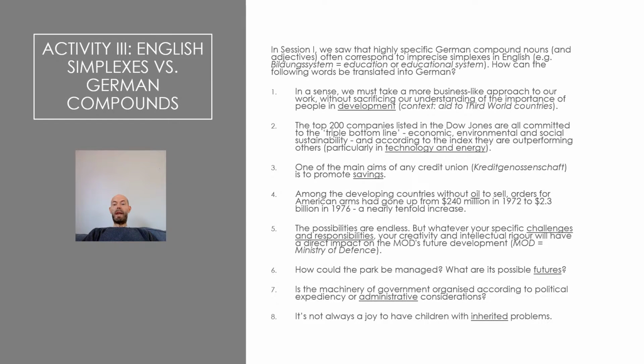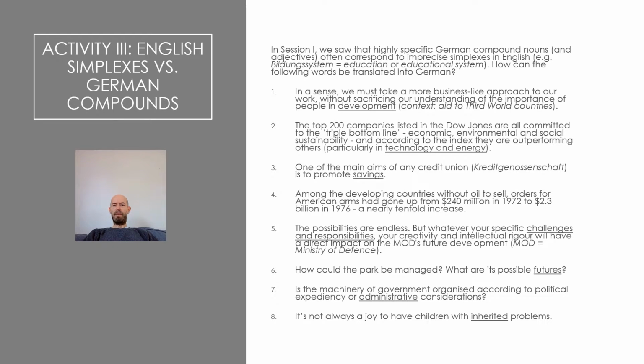Now, you may remember that in session 1 we saw that highly specific German compound nouns such as Bildungssystem often correspond to rather imprecise simplexes in English. So education is Bildungssystem very often. Let's try to apply this insight to the following words, the words which I've underlined here.